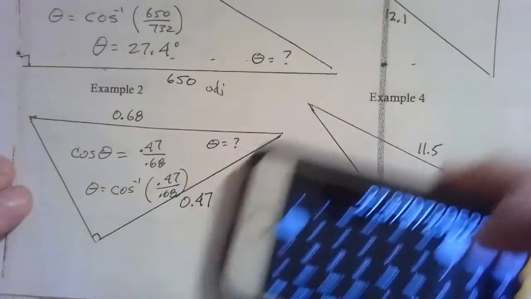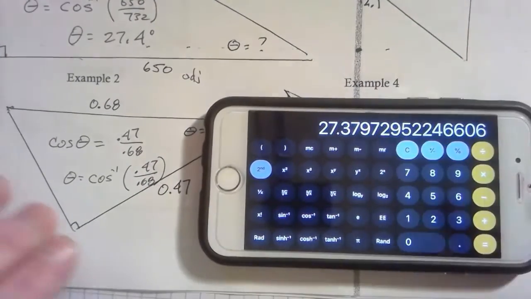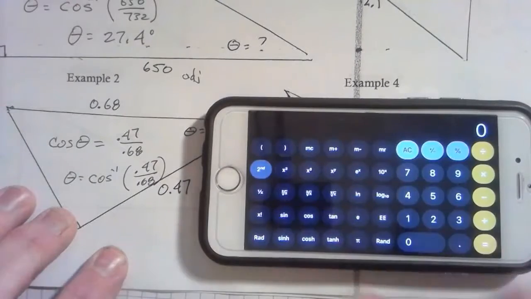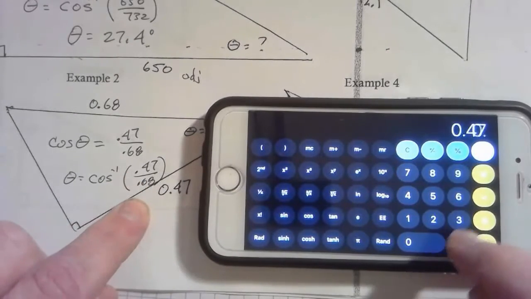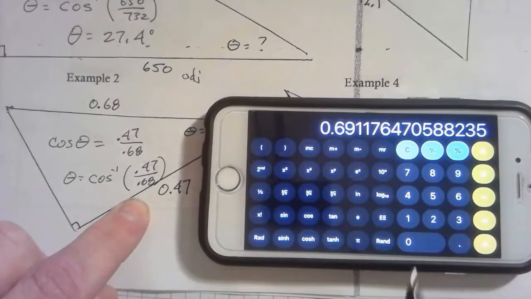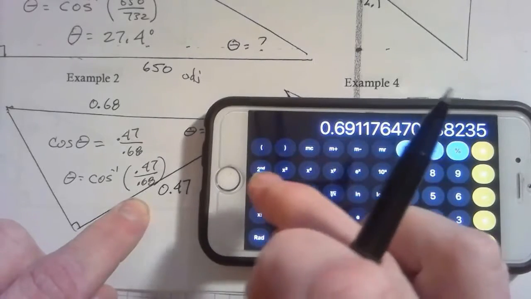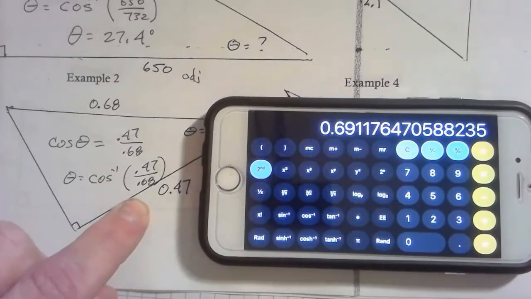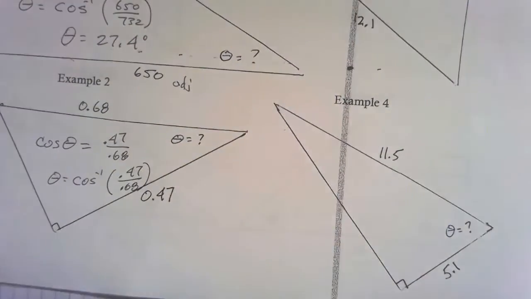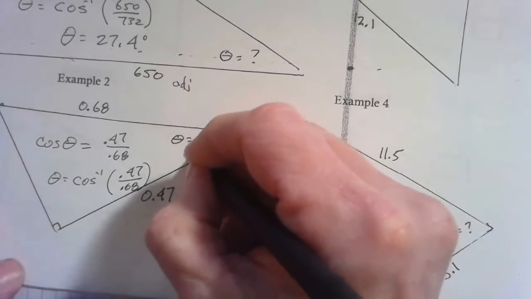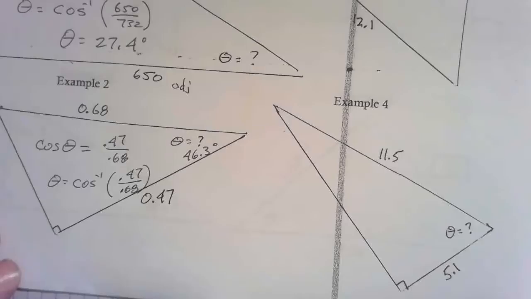And so on my calculator, try to squeeze that in, it's going to be 0.47 divided by 0.68, get an answer, and then do second cosine. That's 46.3. So this angle here is 46.3 degrees, or at least it claims to be.